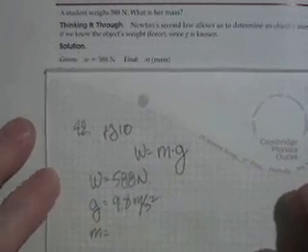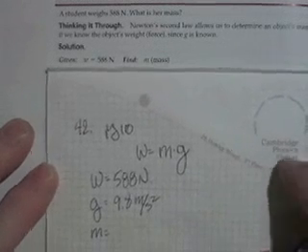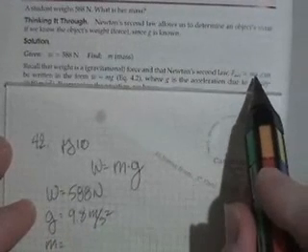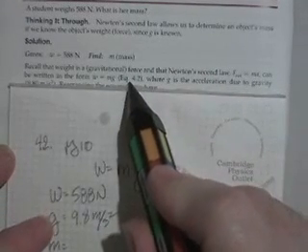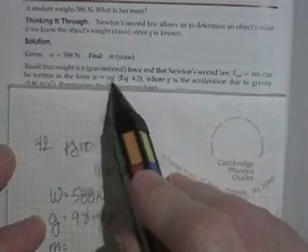Solution. It lists your givens and find your mass. So it's only giving you the weight, but you have to recall that weight is part of acceleration due to gravity. And it goes back and reviews that formula with you right in the sample problem. It tells you weight equals mg and tells you where to find it, equation 4.2. If this wasn't as easy as this one, you would have to page back in your book a couple pages until you found 4.2.